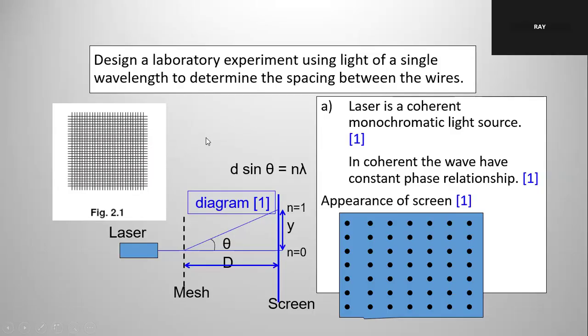Anyway, that is your paper 5, which came out one year. You will get marked by drawing the diagram and finding the distance between the lines. Laser is a coherent monochromatic light source. In a coherent wave there is a constant phase relationship, and that's what you observe as the appearance on the screen.